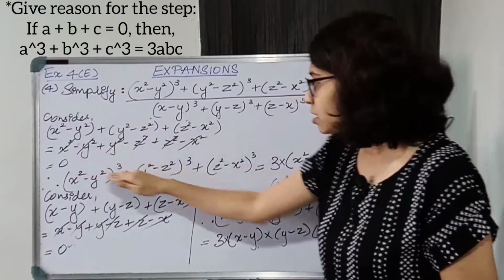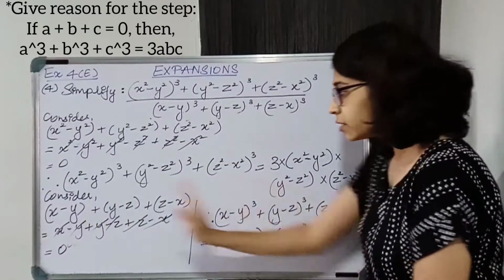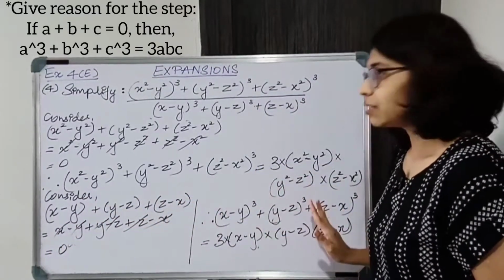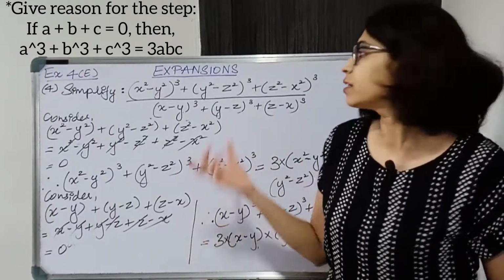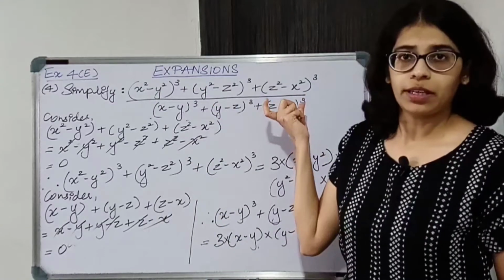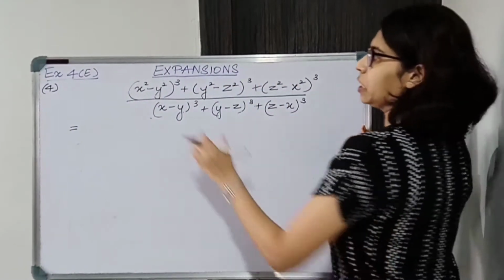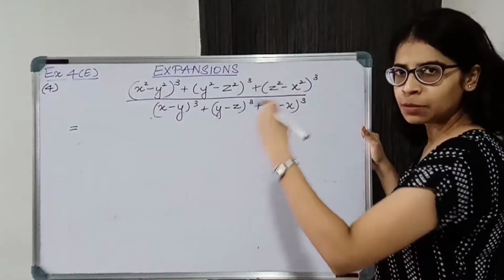Okay, so now we will do the substitution. First consider this, solve this. Same thing in the denominator: consider, prove that a plus b plus c is 0 and then this. So now we'll consider this whole thing. Now write this whole thing. In the numerator we know a cube plus b cube plus c cube will be 3abc.